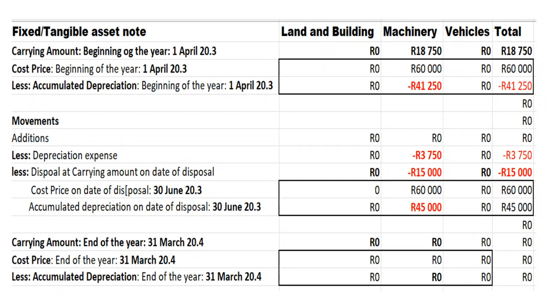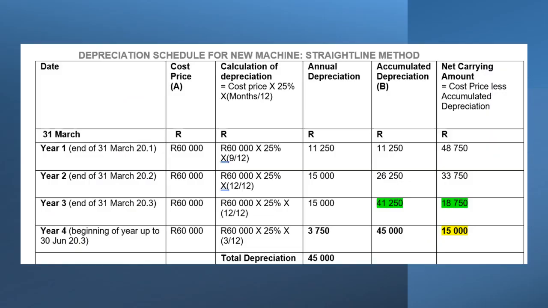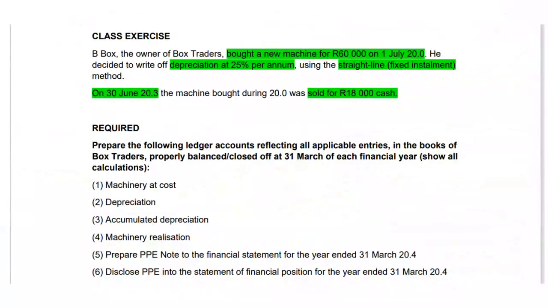This is our PPE note. I've included it the way it was, but now they were specific about which year. They said prepare the PPE note to the financial statements for the year ended 31 March 20.4. If the year ends on 31 March 20.4, when did it start?